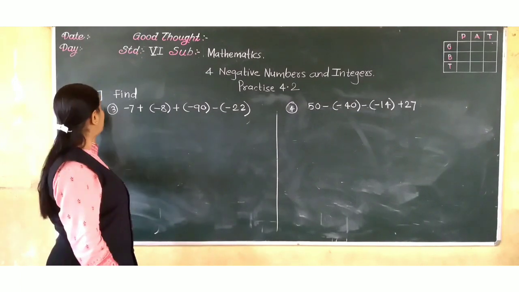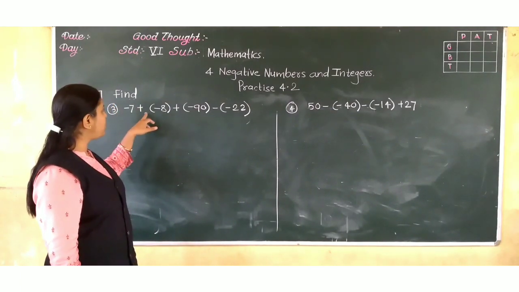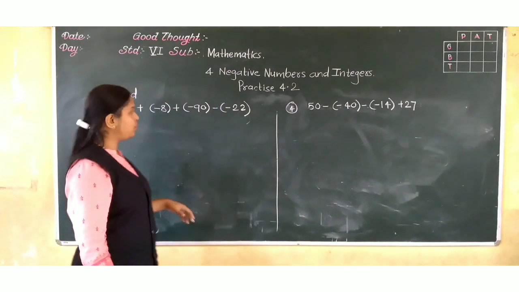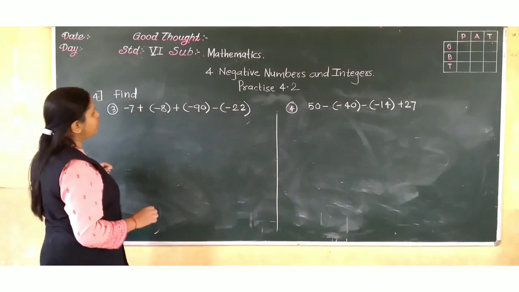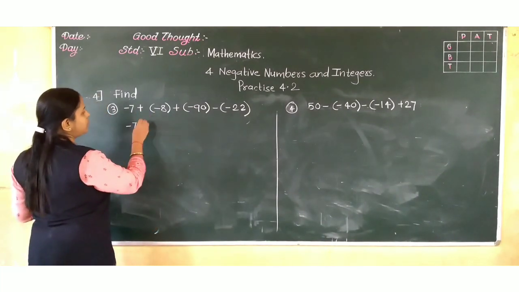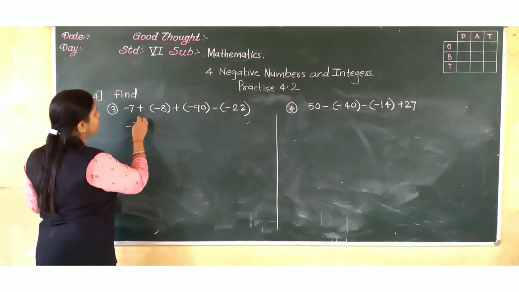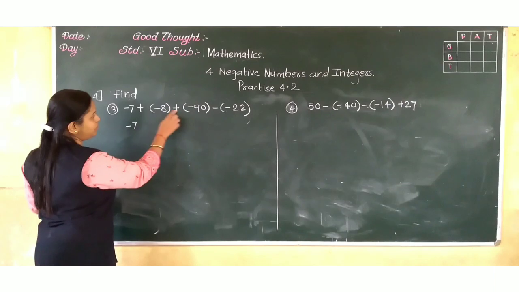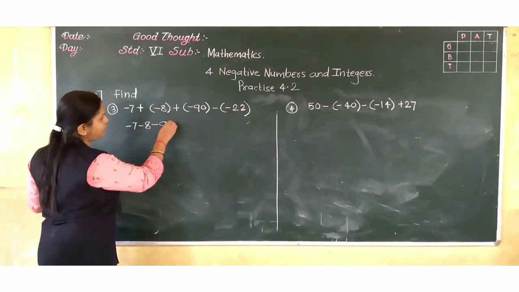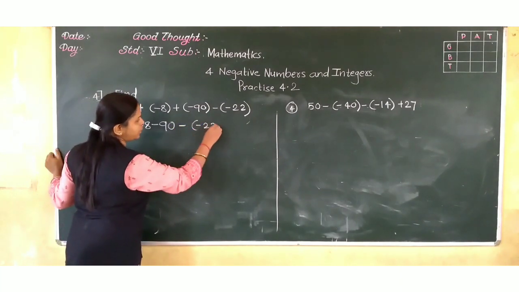Now see here, fourth one, find the third one: minus 7 plus minus 8 plus minus 19 minus minus 22. So here what we will do? Minus 7 and here this you can write minus 8, this you can write minus 19 and this minus of minus 22.